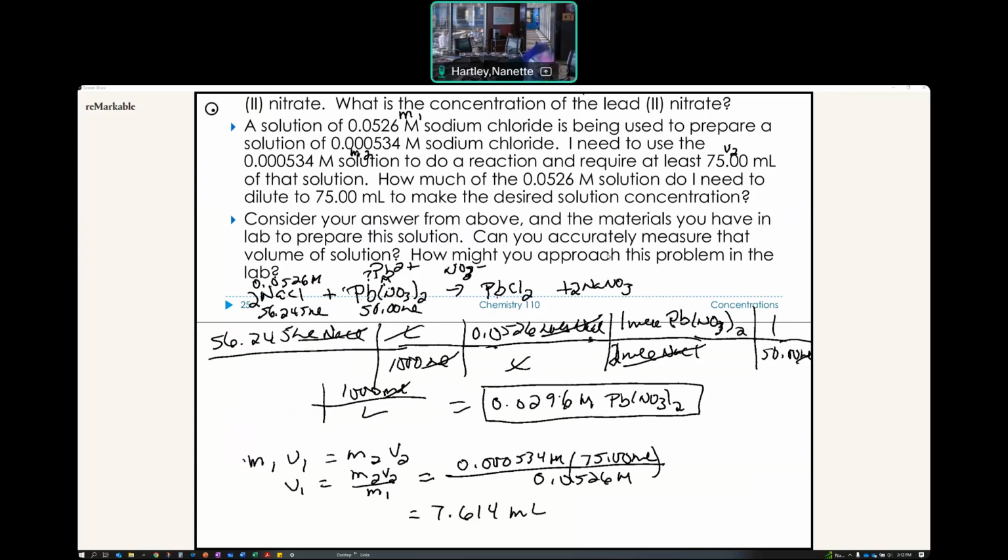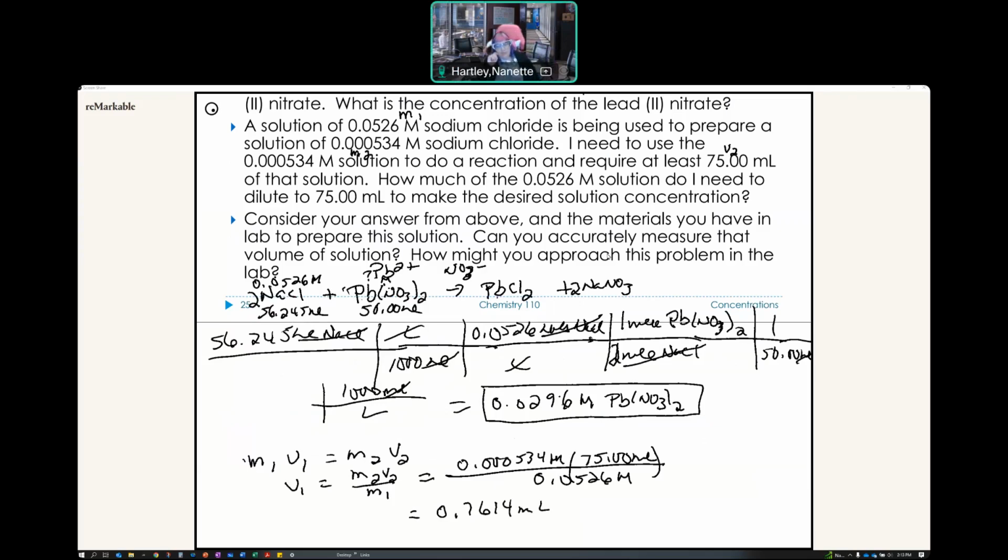Let me check that math, just make sure. 0.000534, and I think I made a mistake, times 75 divided by 0.0526. And I did. Okay. I left out a 0 right here, so that means that my number was off. And so I get 0.7614.